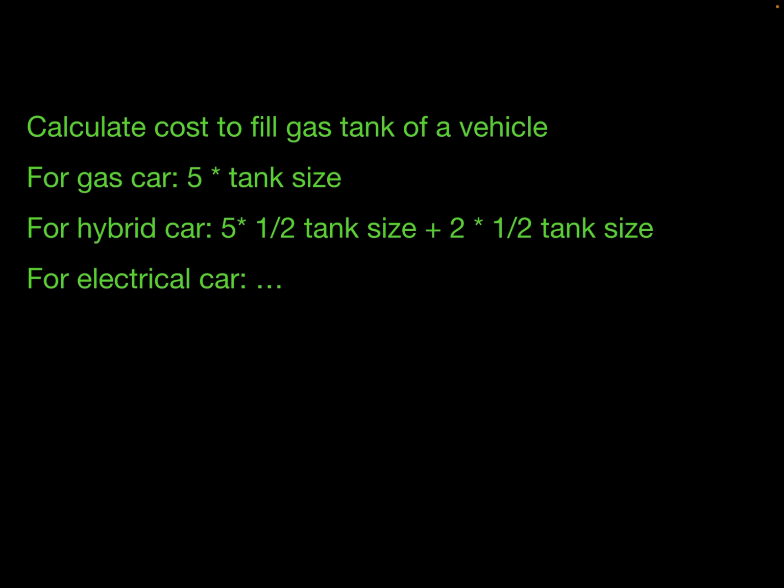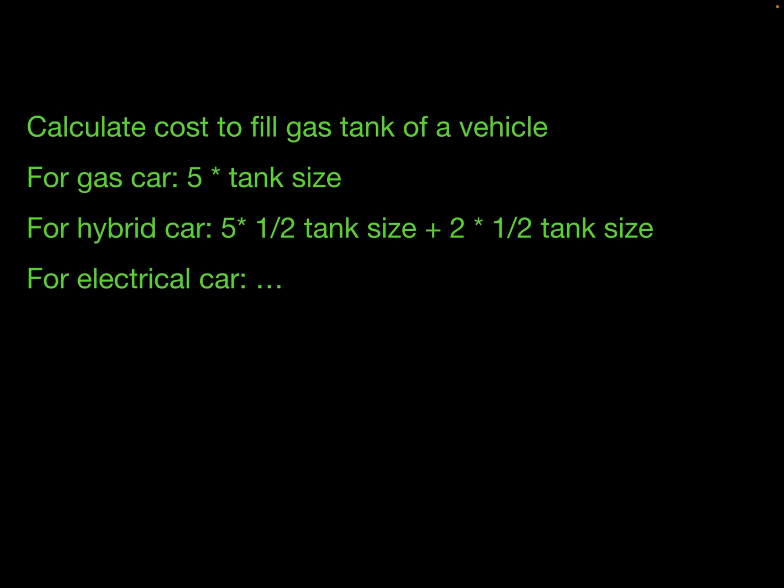For example, if the interviewer asks you to calculate the cost to fill a gas tank of a vehicle, then for different types of vehicles, the way to calculate cost is different. For a gas car, you may take 5 multiplied by the whole tank size.